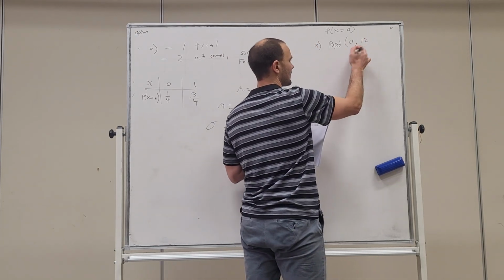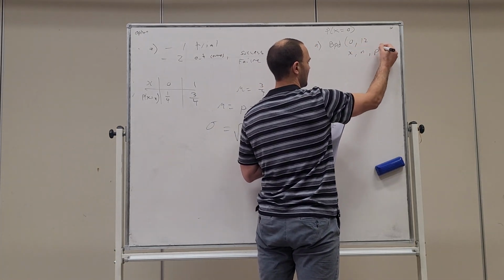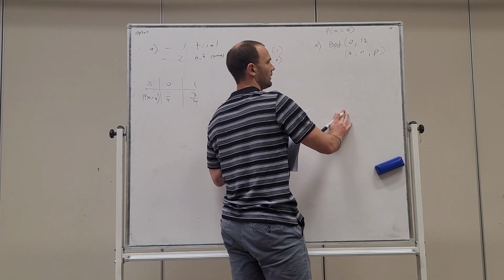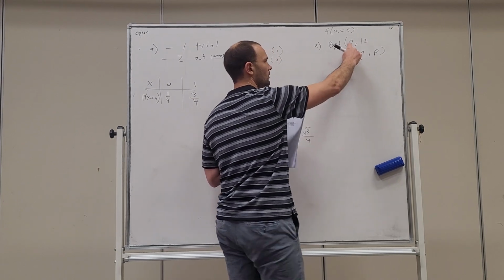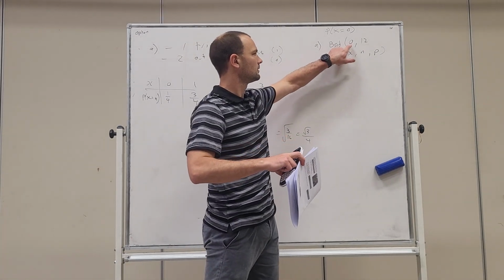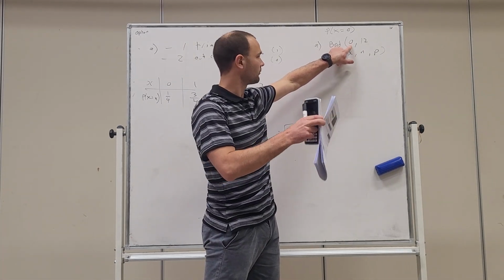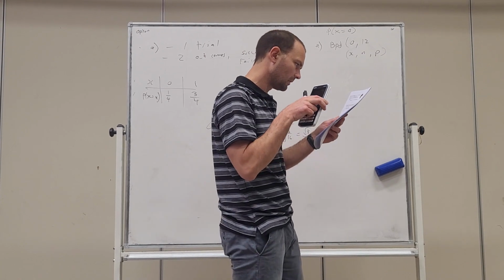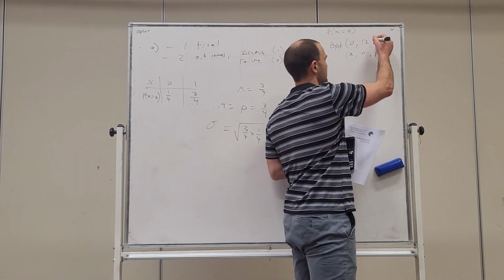So remember, we go X and p. That's how we type it into our calculator. There were 0 events, 0 needing replacement out of 12, and the probability that it needs replacement is 6%.